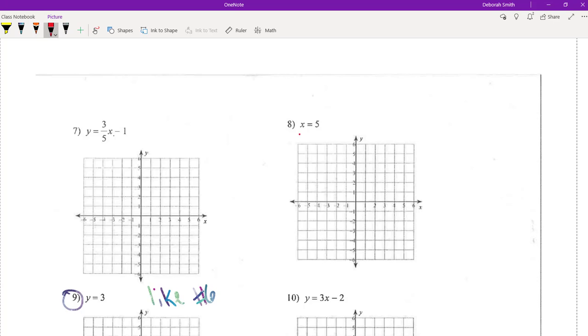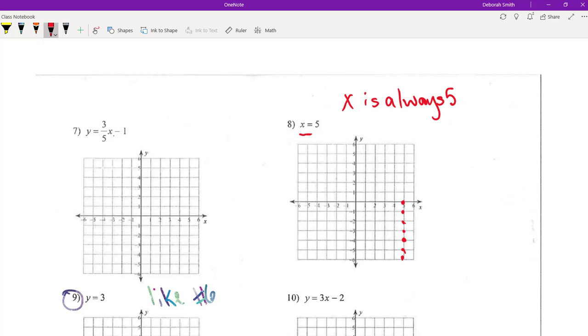This time it says x is 5. x is always 5. That means when y is 0, x is 5. No matter what the y is, x is 5.